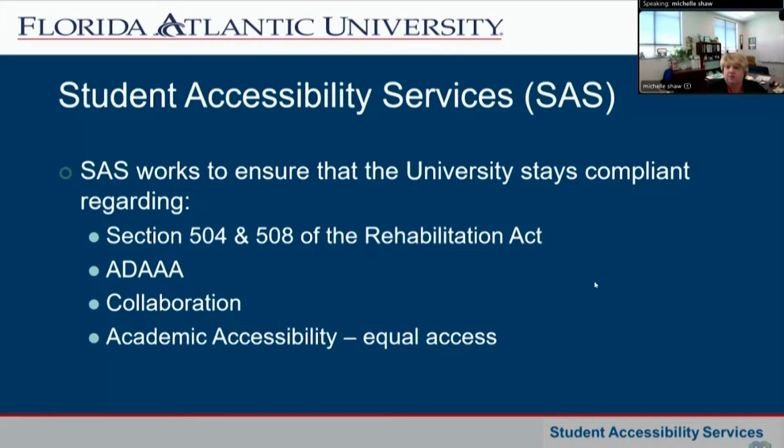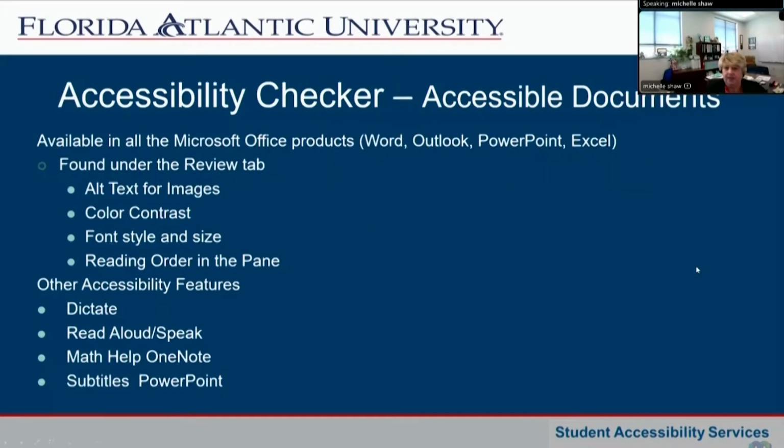So I want to show you a little tool, and I'm going to share my screen in a minute. Microsoft Word has really upped their game in the last couple of years. I've been going to their free webinar they do every May, called the Accessibility Summit or Accessibility Conference.